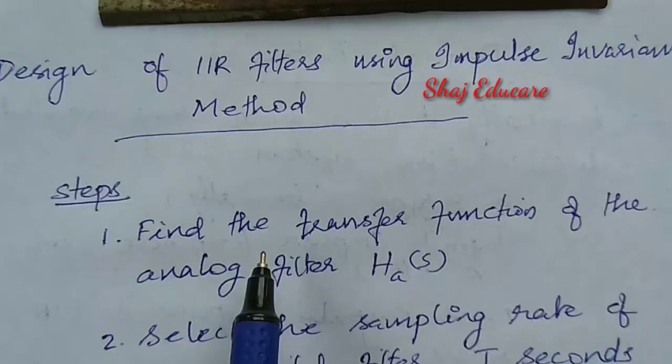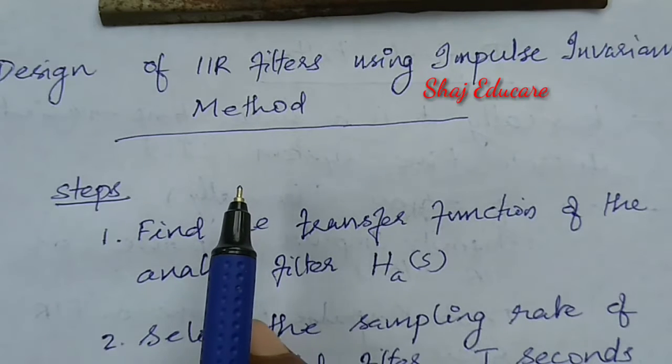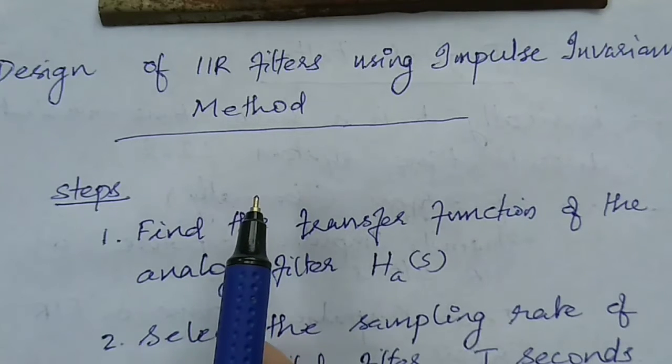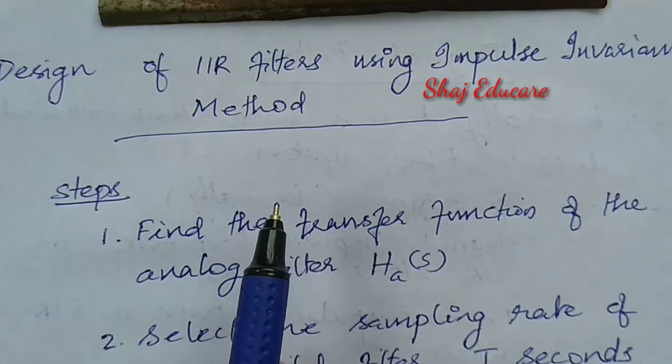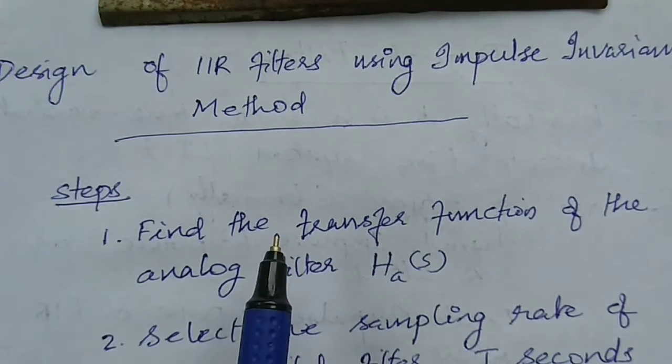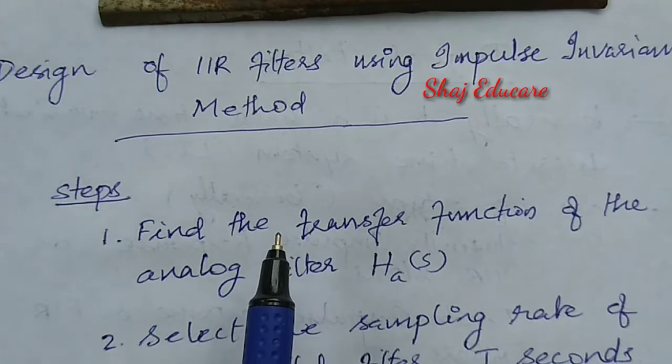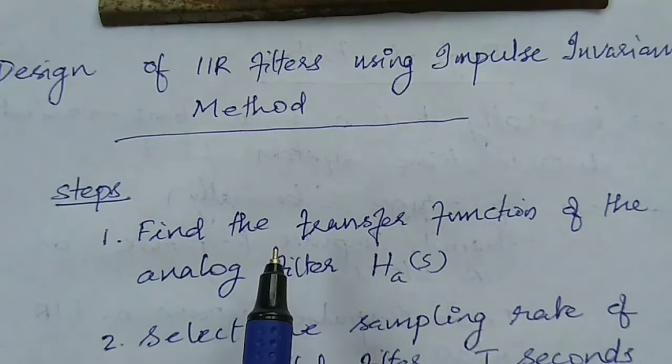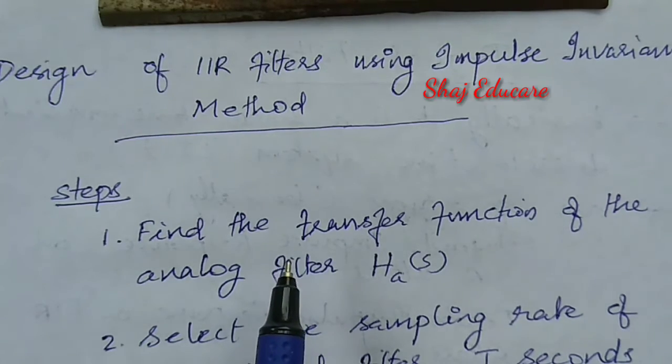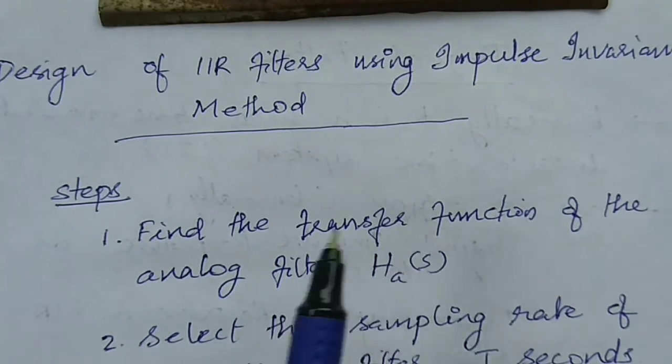So, in order to avoid that difficulty, we will design an analog filter based on the given specification. Based on the specification means based on the cutoff frequency required, then passband frequency, passband attenuation, stopband frequency, stopband attenuation.